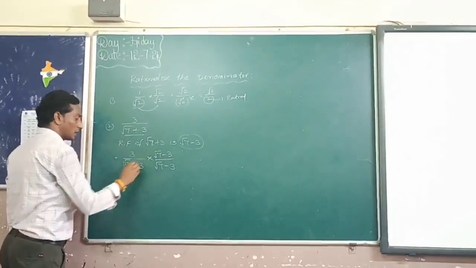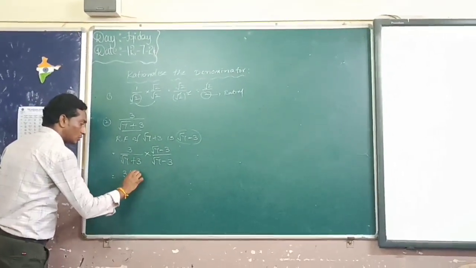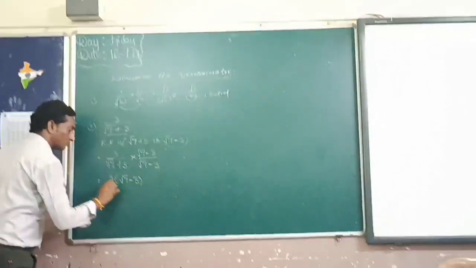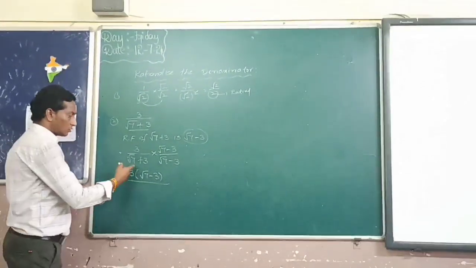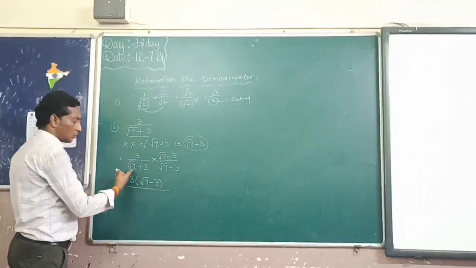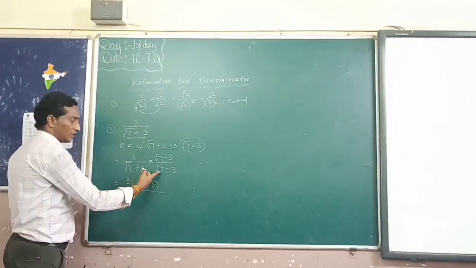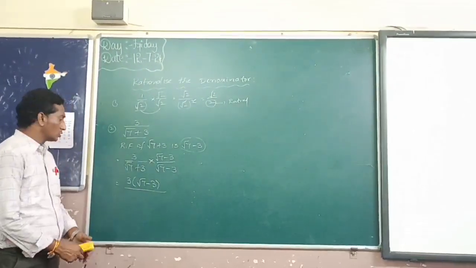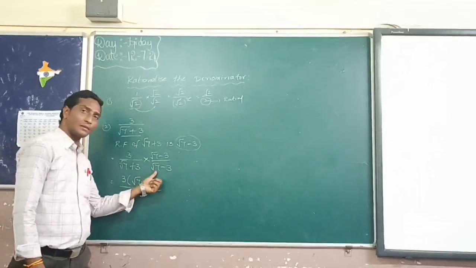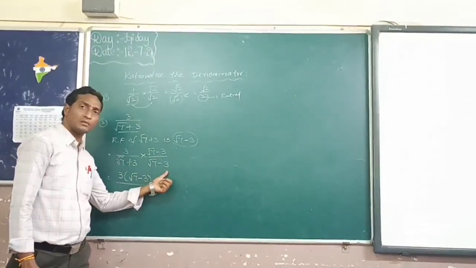The product of numerators is 3 into root 7 minus 3. Now observe the denominators: one is root 7 plus 3 and one is root 7 minus 3. Here root 7 is the same number and 3 is the same number.